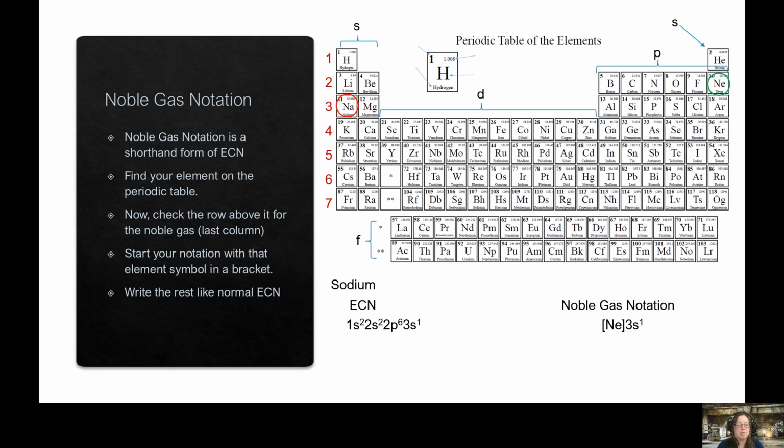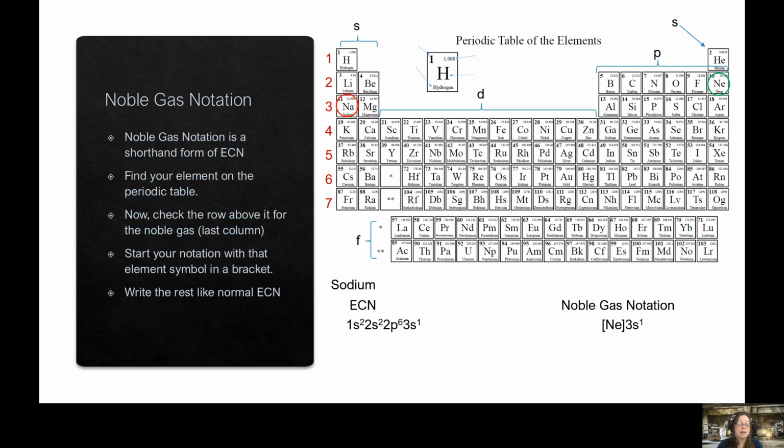Okay, so remember the rows are your principal energy levels, and then you've got the blocks labeled. So you can actually use this as like a roadmap. It's like telling somebody to go down to the corner store, but you have to tell them all the steps, right? So like pull out my driveway, go down the road, go to this corner, you'll see the store, go in, get whatever you need, come back out. That's how electron configuration notation works. Noble gas notation is kind of like telling somebody, hey, you know where the Sonic at the end of the road is? Yeah, you're going to turn there.